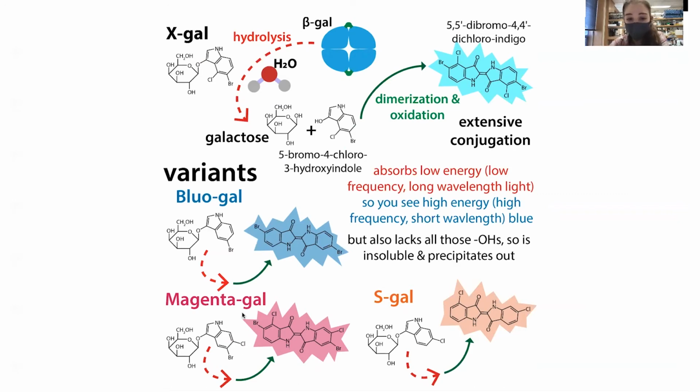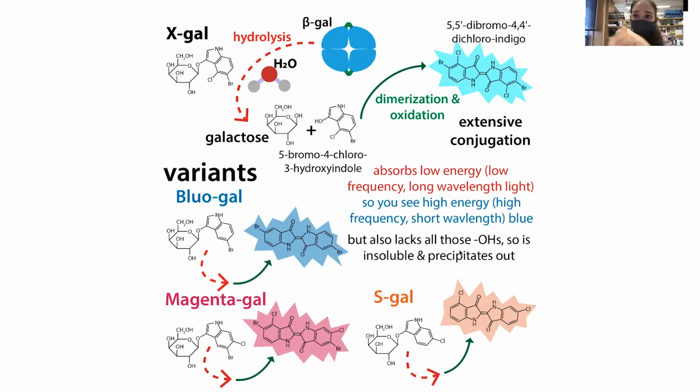There are other versions that'll give you a magenta or a salmon color, various different colors, all based on the same idea of sticking something onto the galactose that is going to then pair up once it's freed and form a conjugated product that's going to absorb light, and that doesn't have all those OHs that the sugars had. So it's going to be insoluble and precipitate out.